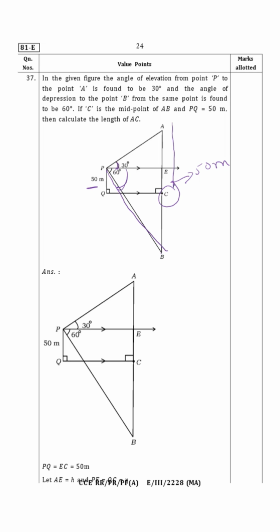Here we are given PQ is equal to EC. So this is also 50 meter. Let AE be equal to H. So we have to find out 50 plus H. Okay.